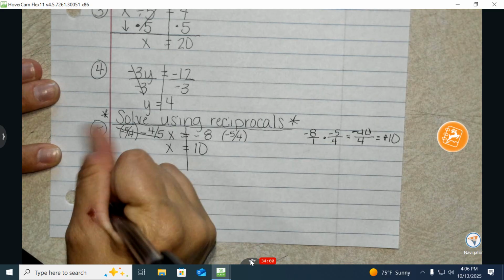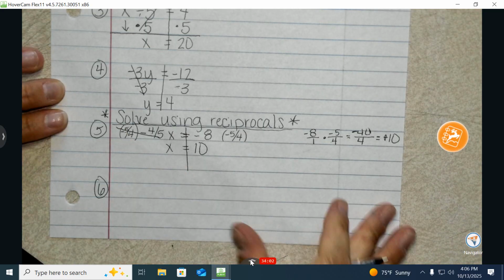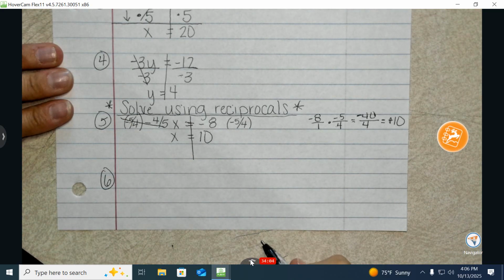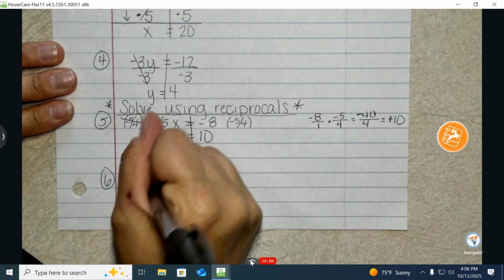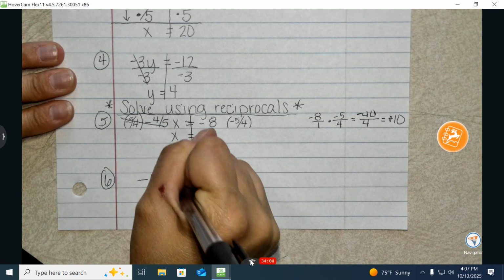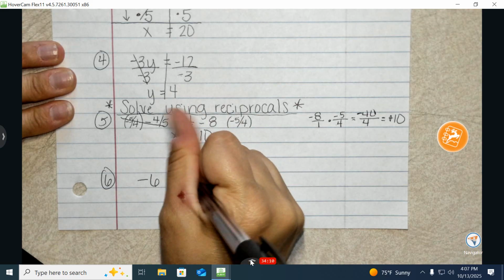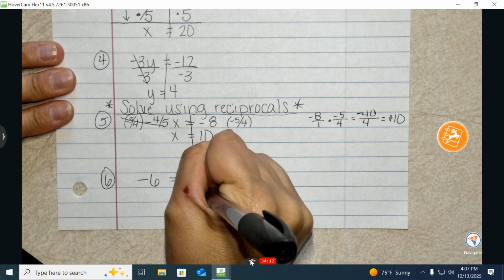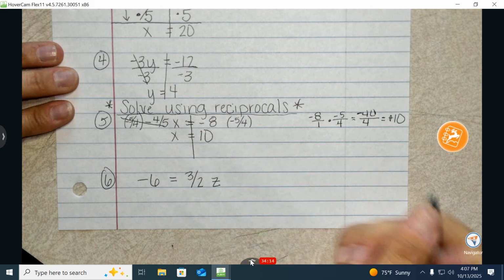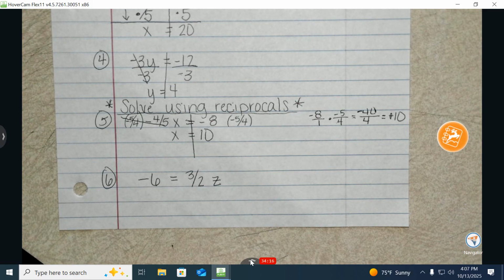Okay, number 6. We have negative 6 equals 3 over 2z. To make this cancel out, you have to multiply by the reciprocal.